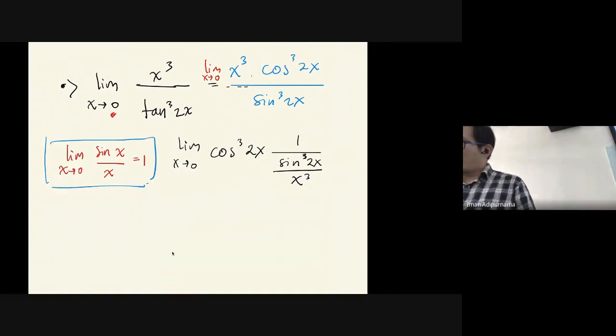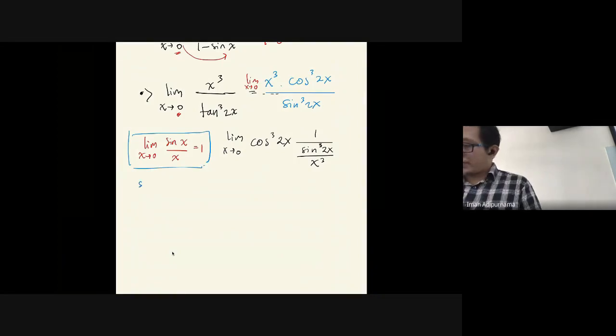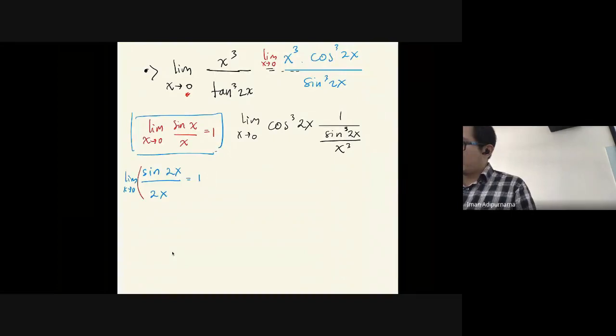And then I will do a little bit of algebra. If you have sine 2x over 2x, this also equals 1. So let's make a power of 3 here. I will directly make it 8x cubed.